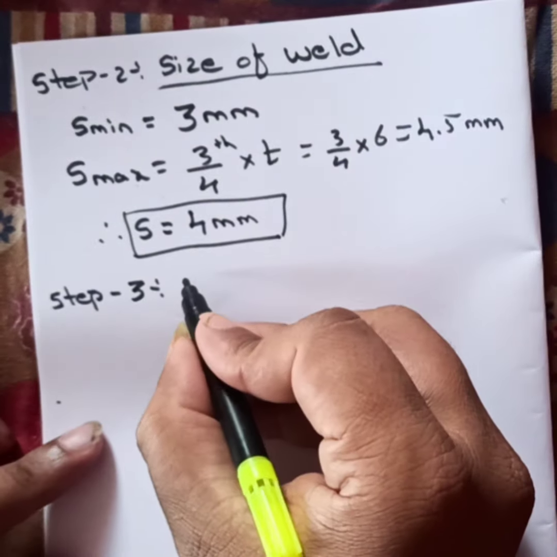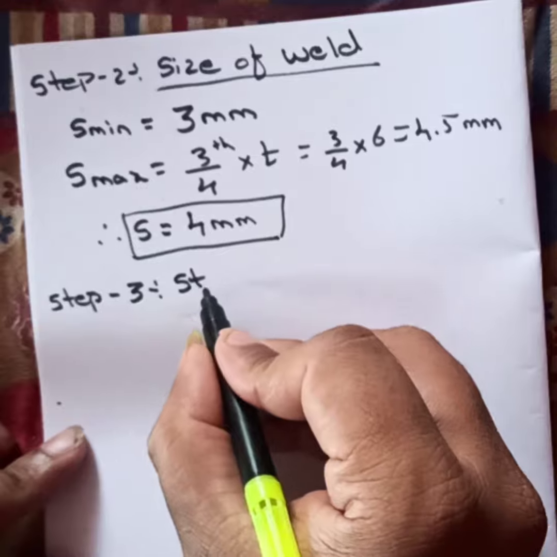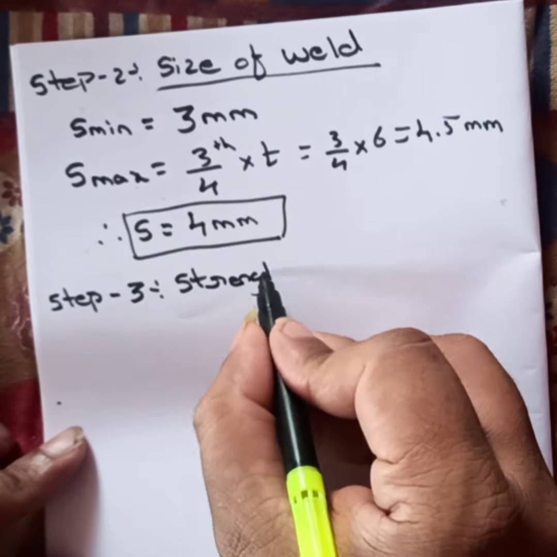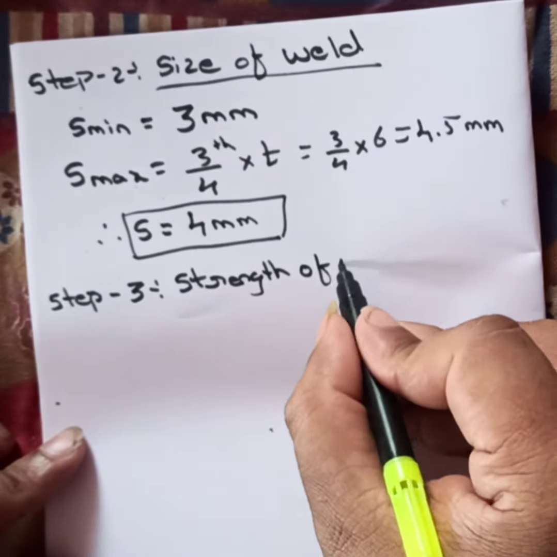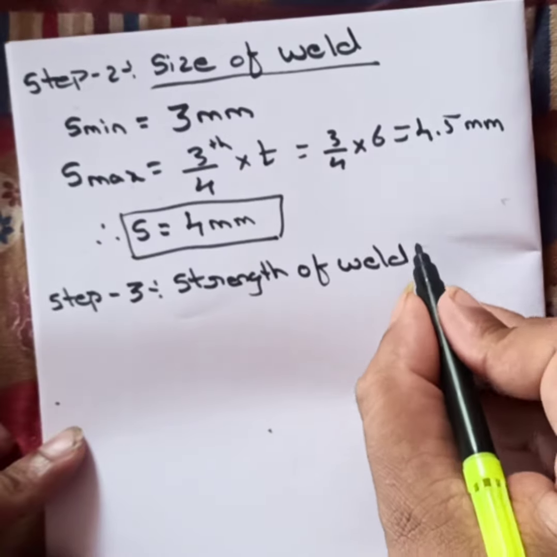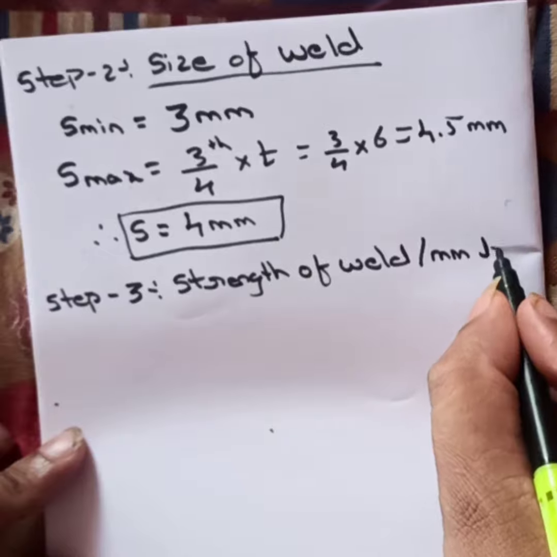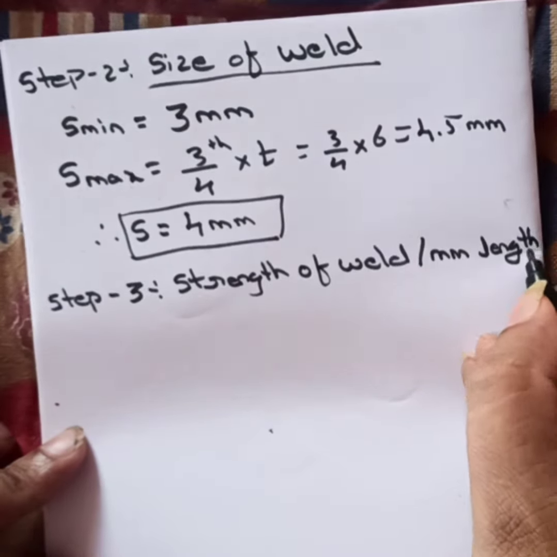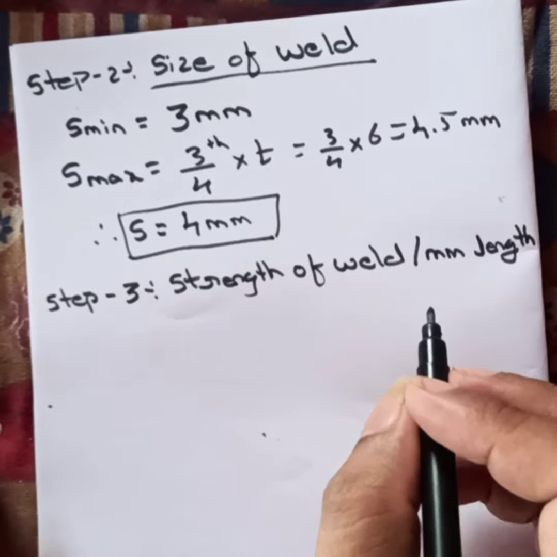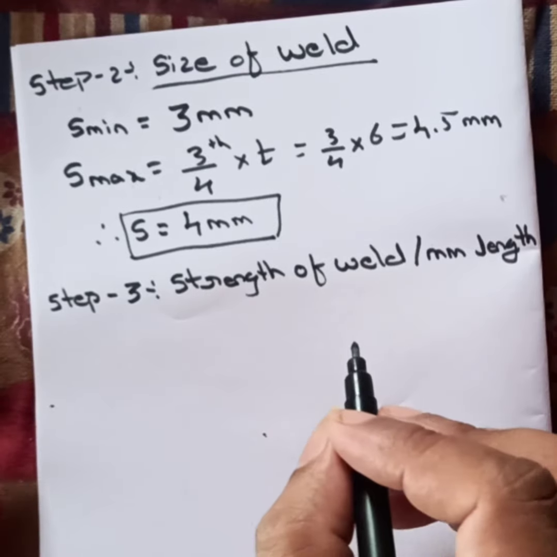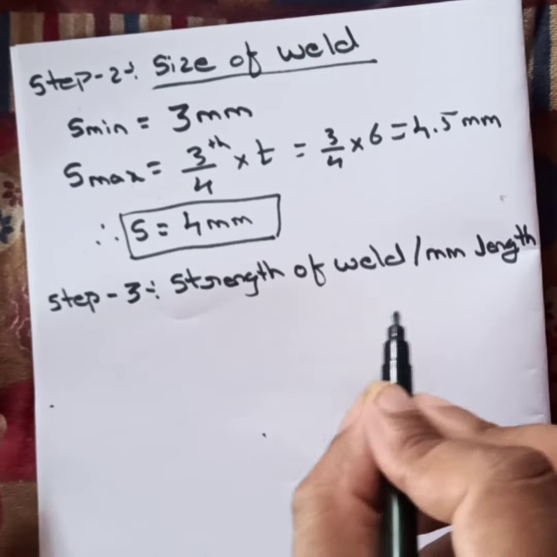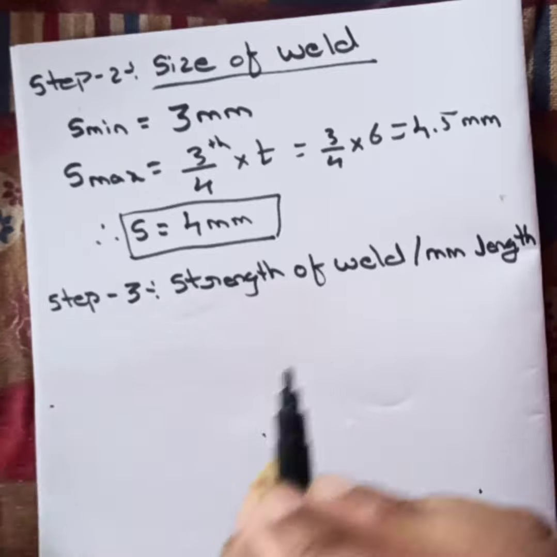So let me first find the strength of the weld per mm length. Instead of finding out the Lw, before that I will find the strength of the weld per mm length. Why, I will tell you later.